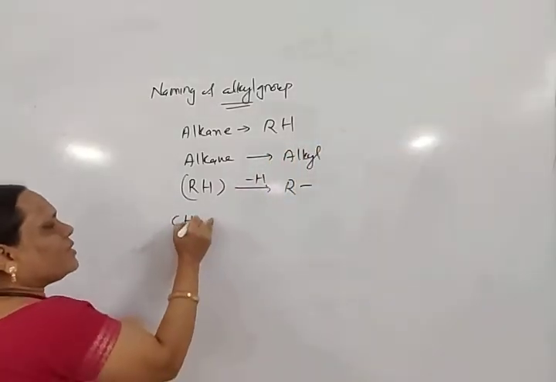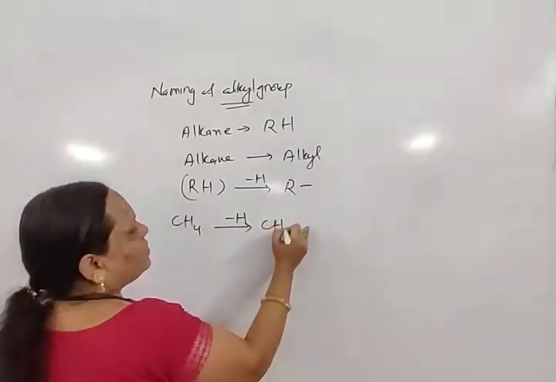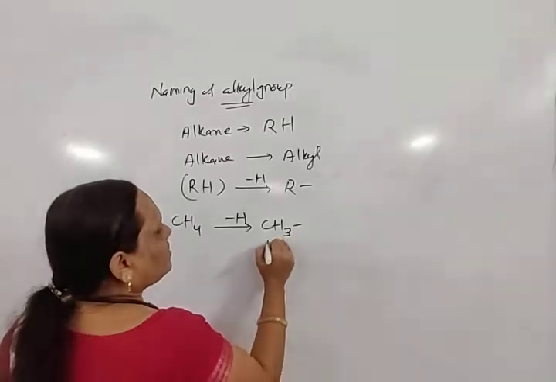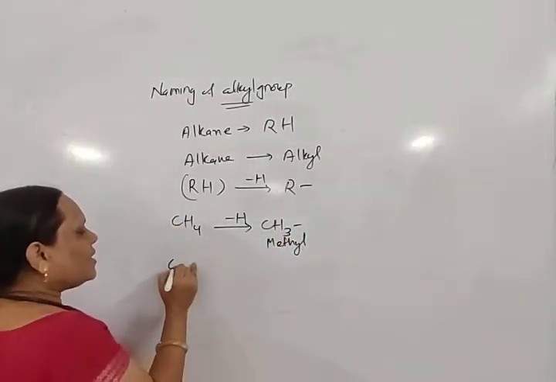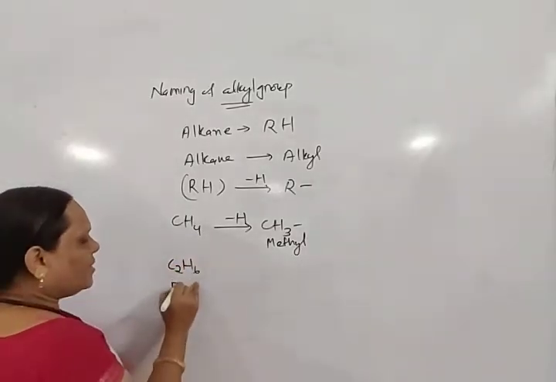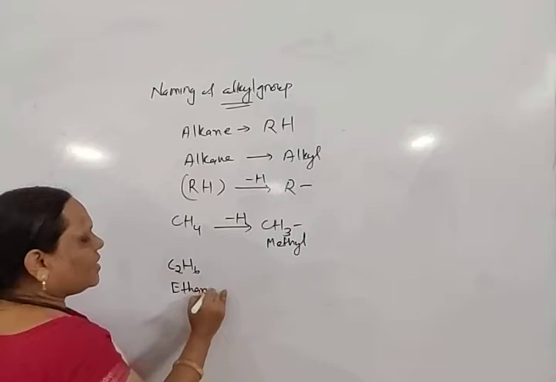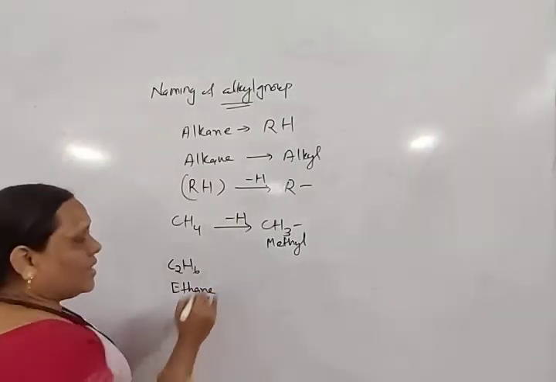For example, if one hydrogen is removed from methane, the name of this group is methyl. Similarly, ethane, C2H6. The ANE is replaced by YL.